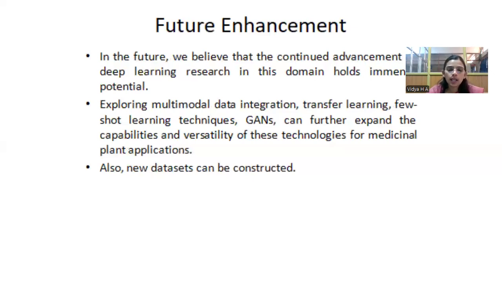Also, new datasets can be constructed with healthy leaf images and diseased leaf images of medicinal plants, which are helpful in disease detection of medicinal plants.